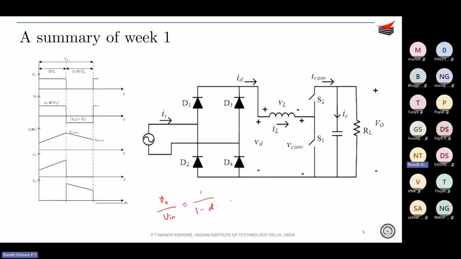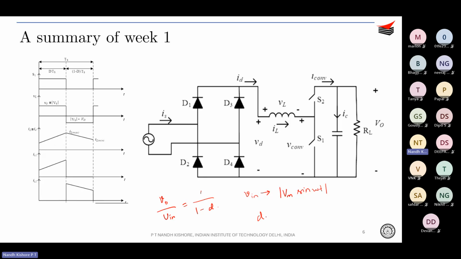From here, because you know that Vin is a time varying signal, which is mod of Vm sine omega t, you substitute this over here. So you would get that d is basically 1 minus Vm sine omega t divided by V naught. This is your duty.